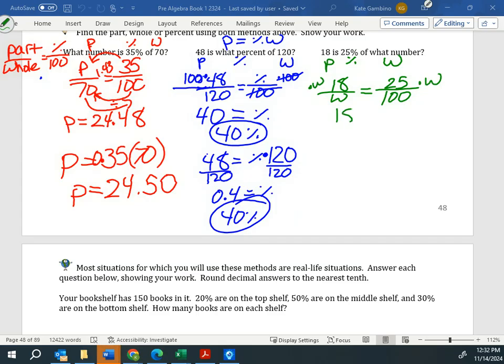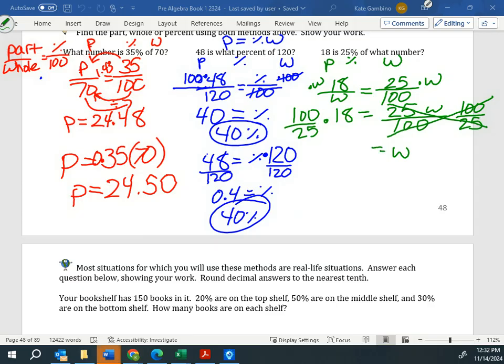So that gets us 18 equals 25W over 100. So if we want to do opposite here, we're going to flip it to multiplying it by 100 over 25. Because 25 and 25 cross off, 100 and 100 cross off.